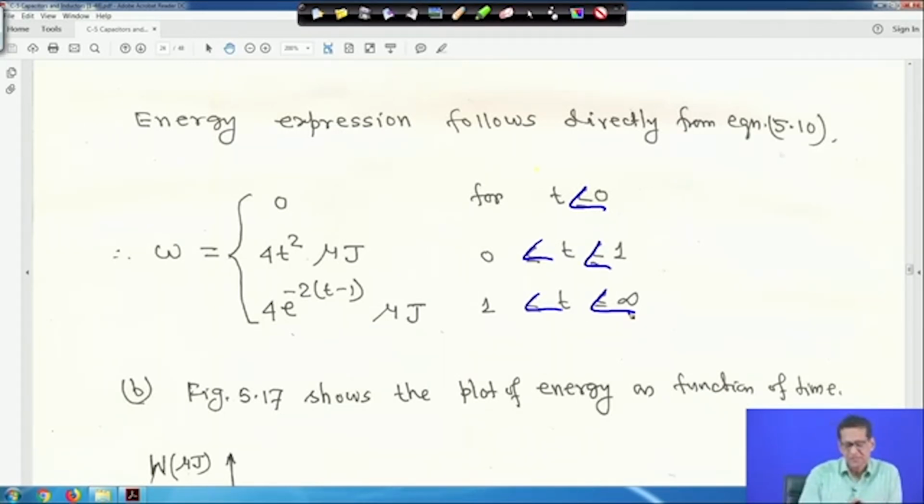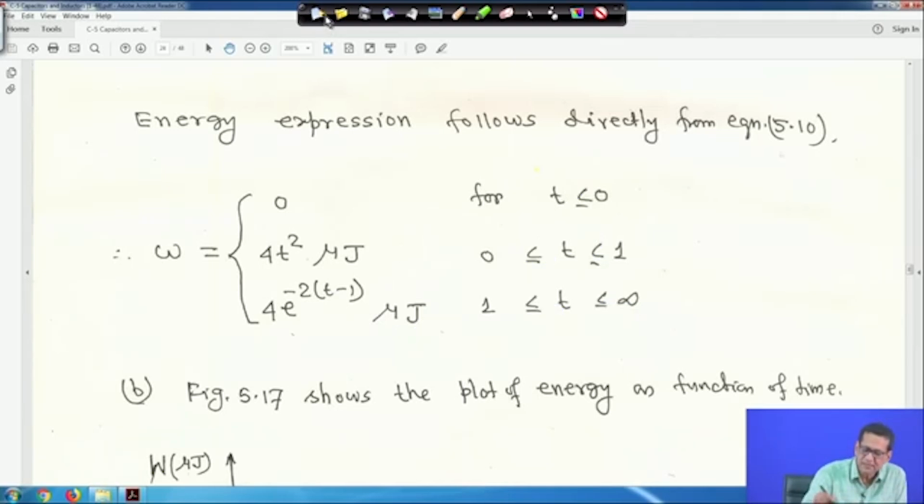I am correcting it. And in the third case, half C v squared will become 4 e to the power minus 2(t minus 1) microjoule. These are all micro; please do it, I have done it for you, a simple thing. So, this is the energy expression.